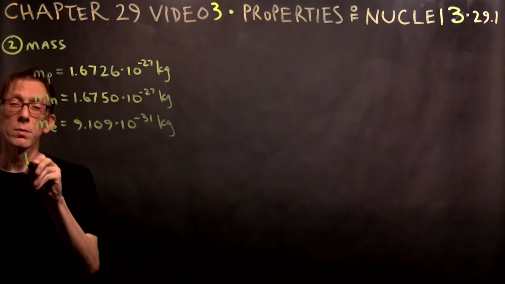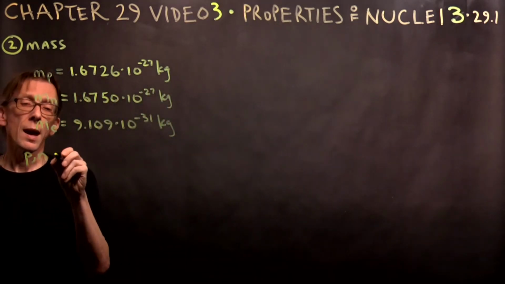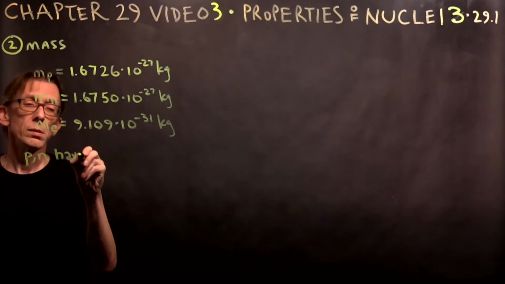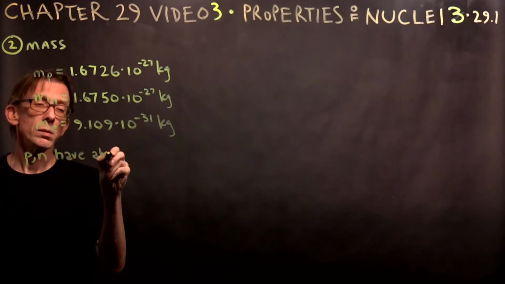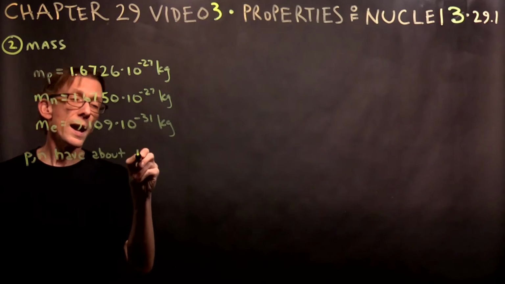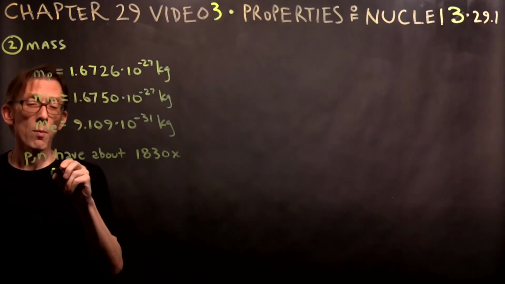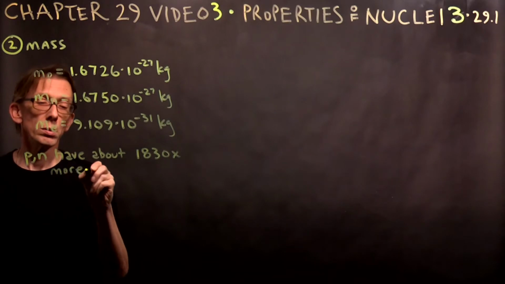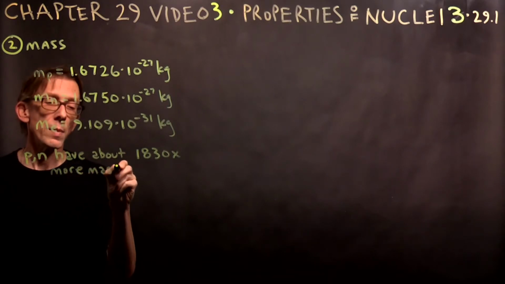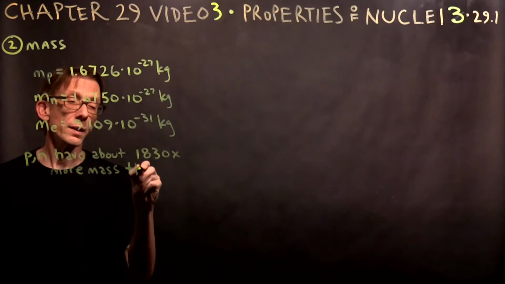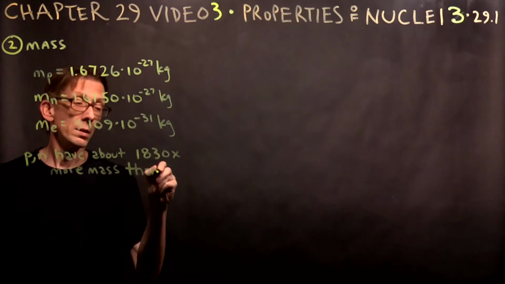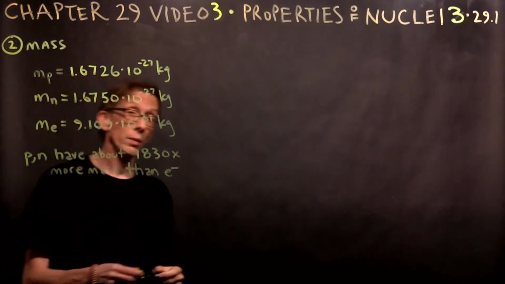Proton and neutron have about 1,830 times more mass than the electron.